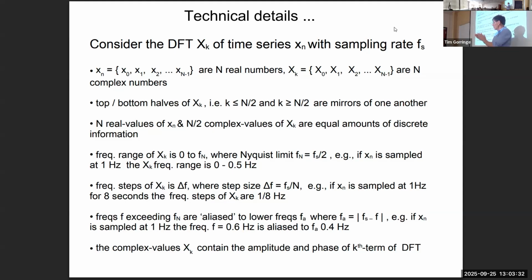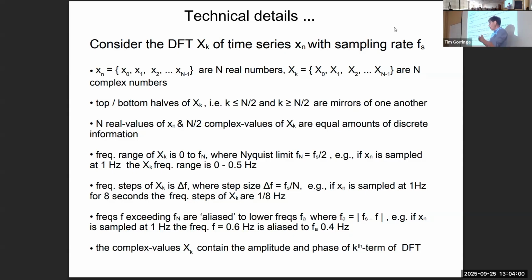So when you sample data with a certain frequency, maybe I sample data at 1 hertz. Every second, I measure the current or the voltage in a circuit. So that's a period of 1 second for my measurements. My sampling rate is 1 hertz. The highest frequency that I can see in my time domain data is going to be half that.